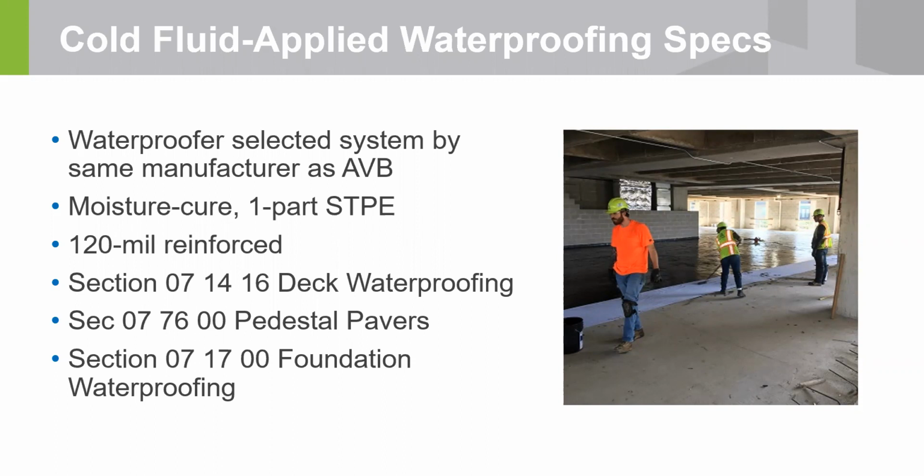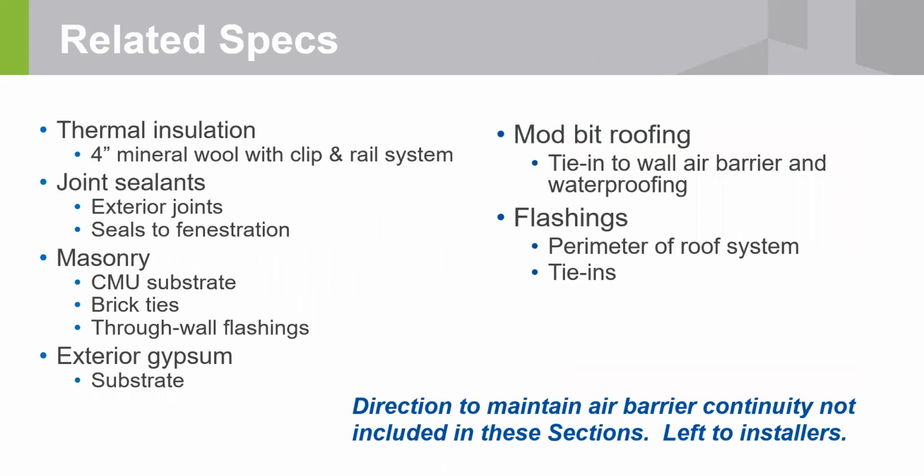And there was a single ply roof. Actually, no, it was a modified bit roof on some of the job as well. Okay, so this is what they specified. It was a moisture cure, 120 mil reinforced, and any tie-ins to the air barrier or the air tightness through this system itself were also part of the scope of our work and inspections.